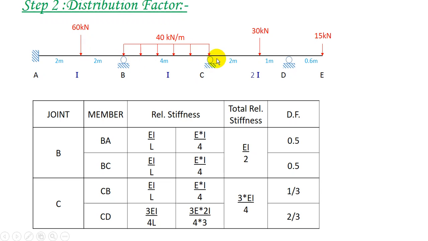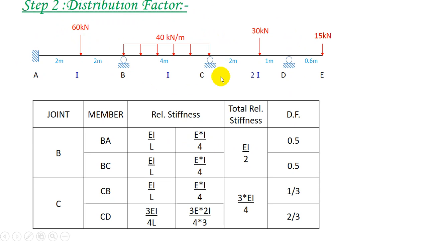BC, again C we are considering to be fixed, because that is a primary assumption for solving any type of indeterminate structure, that all the intermediate joints are considered to be fixed. Since B and C are my intermediate joints, I am considering them to be fixed. A and D are my end joints.